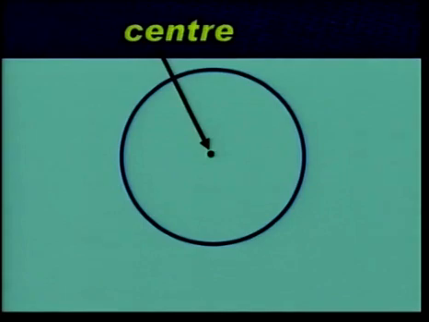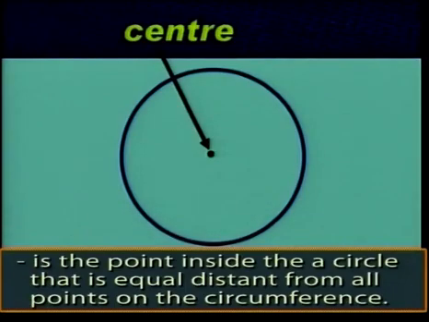Next, the center. Center of a circle is the point inside a circle that is equidistant, meaning that it's equal around the edges of the circle from all points on the circumference. Okay?